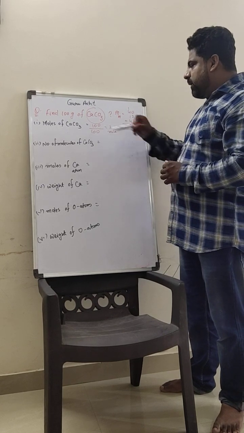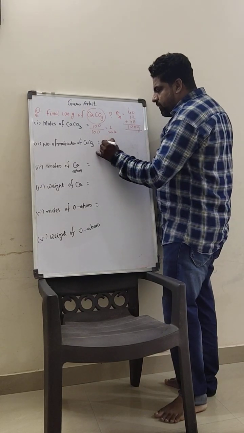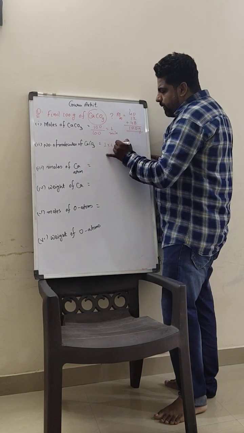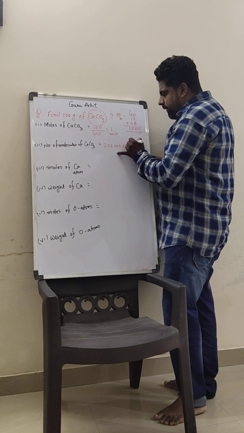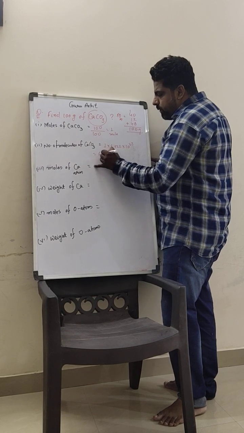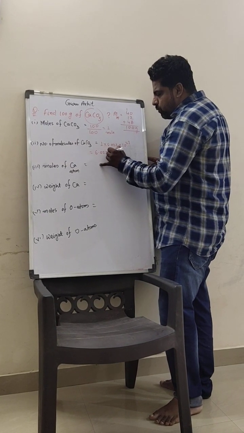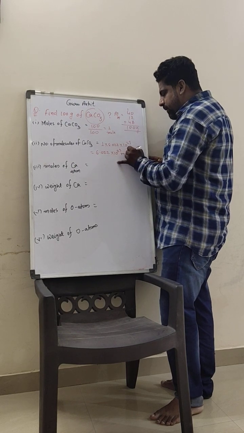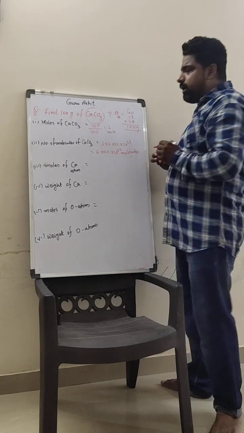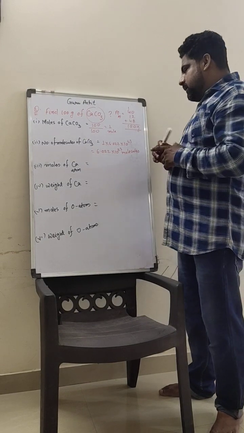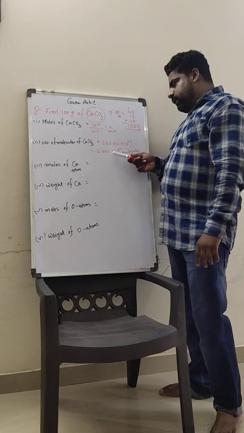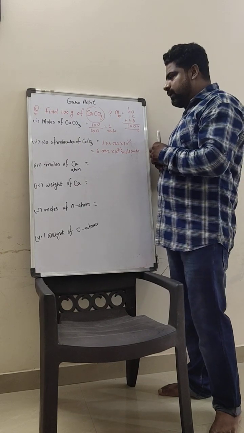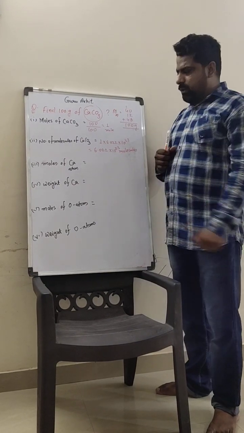Calcium carbonate consists of 1 mole, and 1 mole is equal to 6.022 into 10 to the power 23. By multiplying, you will get the number of molecules, 6.022 into 10 to the power 23. So 6.022 into 10 to the power 23 molecules of calcium carbonate are present in 100 gram of calcium carbonate.